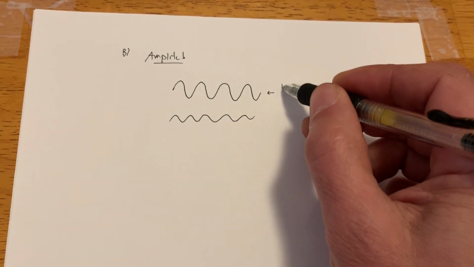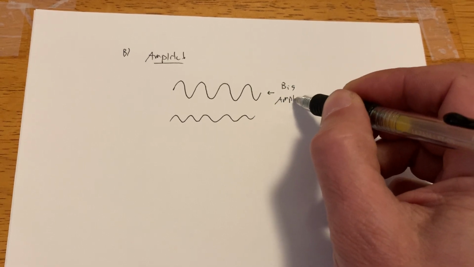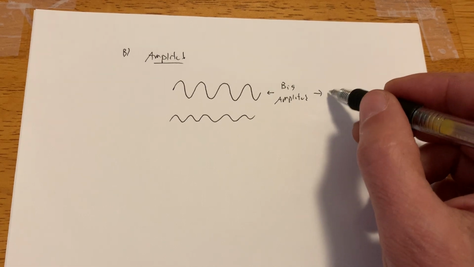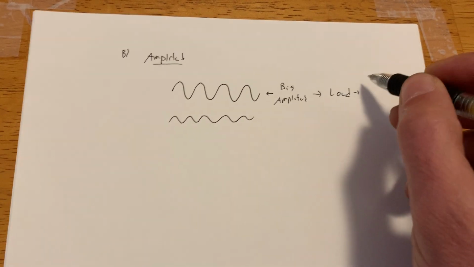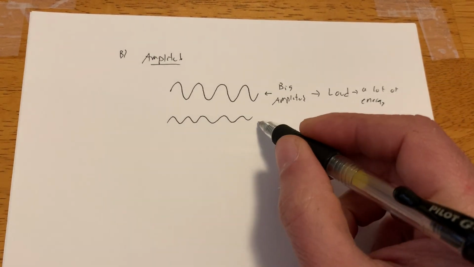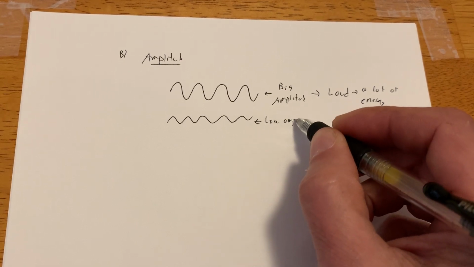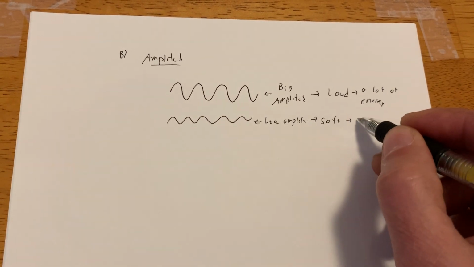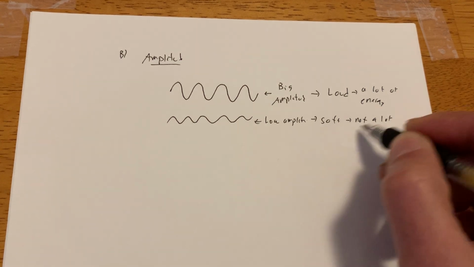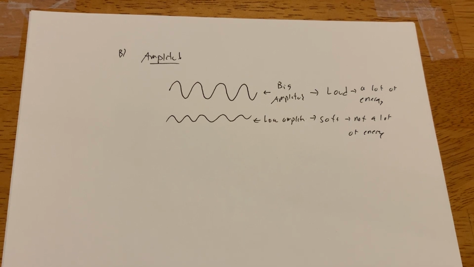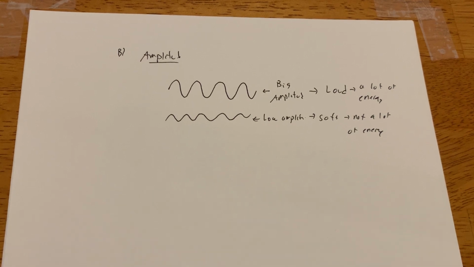Well, I would say this is a big amplitude, which means we perceive this as loud, or it has a lot of energy. This guy right here is a low amplitude, which we would say is soft, and not a lot of energy. So there is how we look at the amplitude of a wave. It's loudness, and it's also energy.